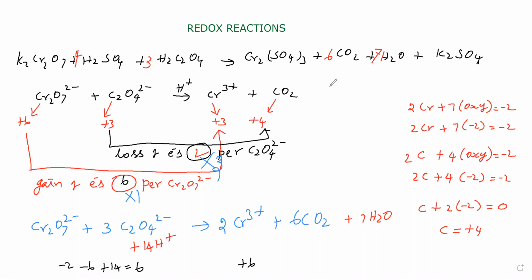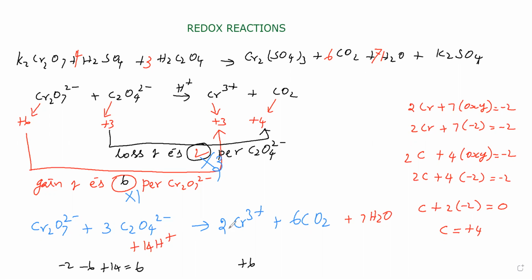The last one should be balanced automatically. Then only the equation is correct. Now we will see hydrogen. Here 7H2. Here 4H2 plus 3H2, 7H2. Here also 7H2. Okay, so the equation is balanced.